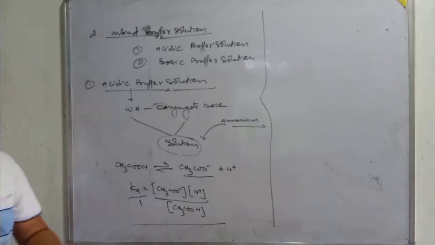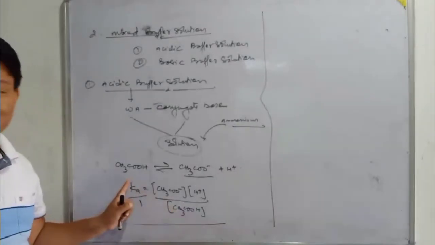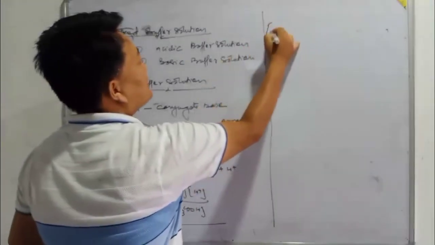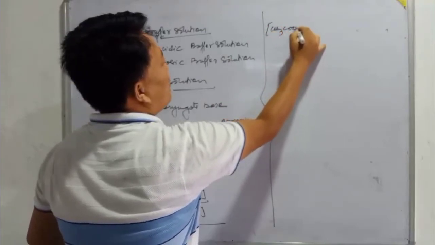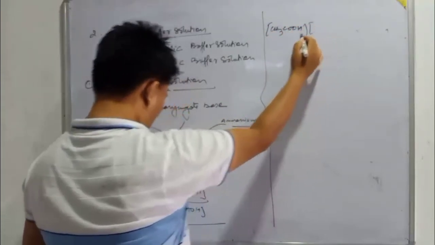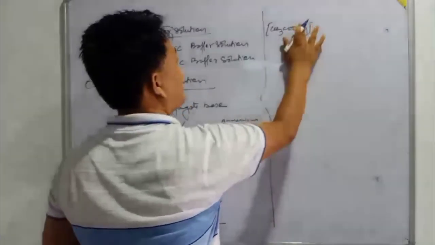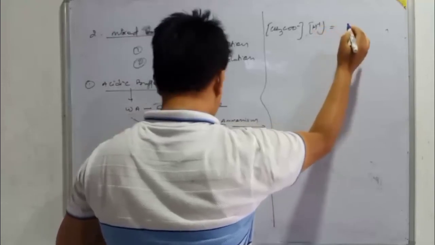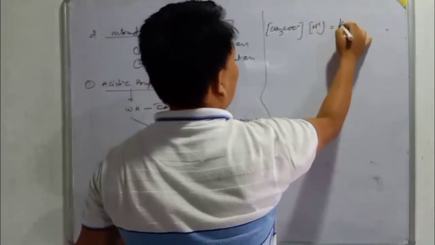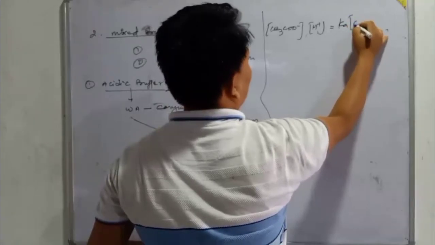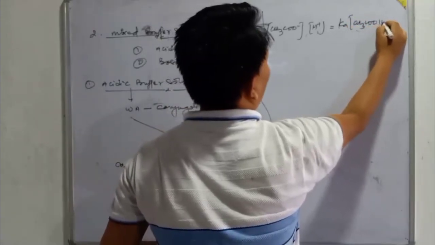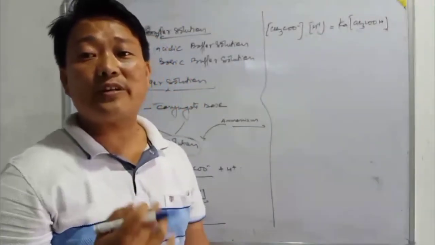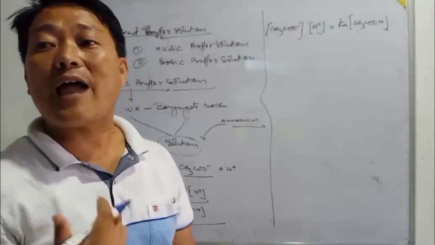After cross multiplication, what will we get, this into this and this into this: Ka times CH3COOH is equal to CH3COO minus times H plus. Somebody can explain to you why I am doing this.